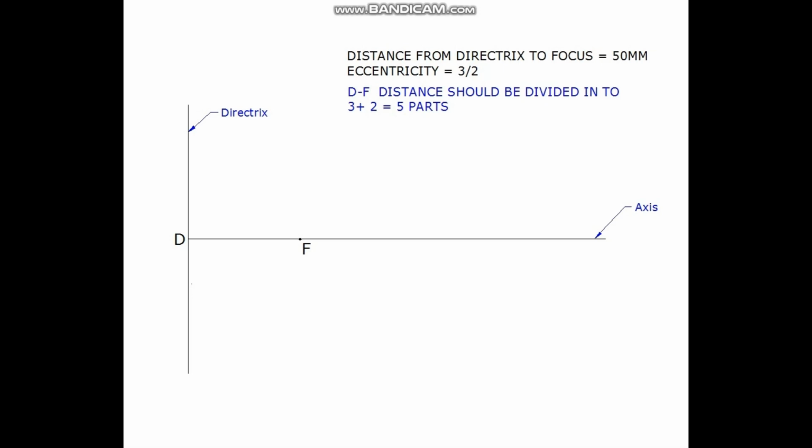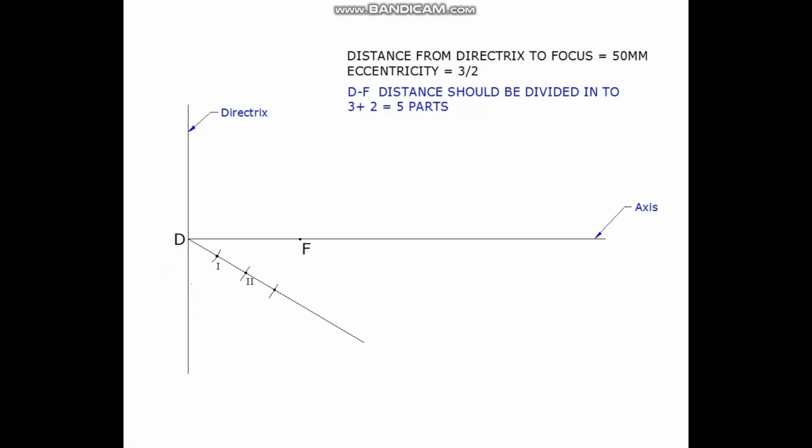For dividing DF into 5 parts, an inclined line at any acute angle is drawn from D. With the help of a compass and taking any convenient distance, 5 points can be marked on this inclined line.